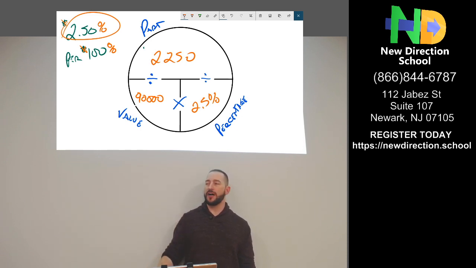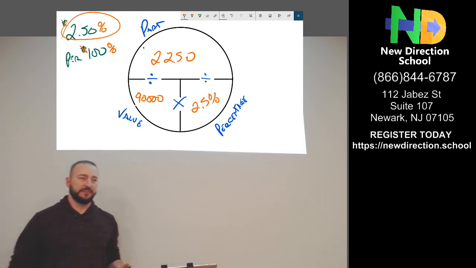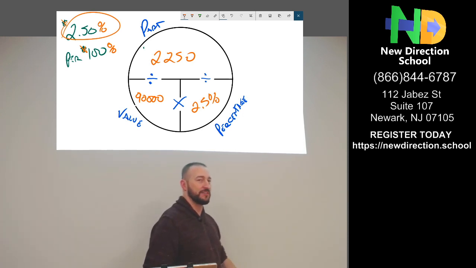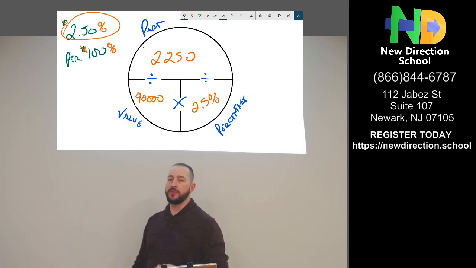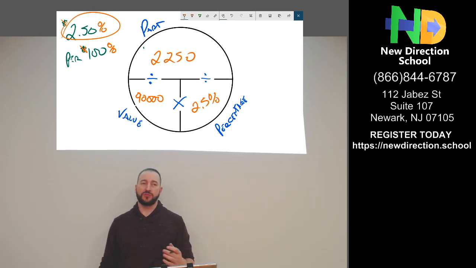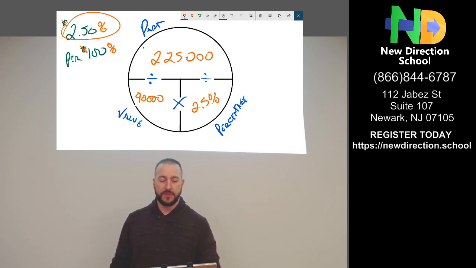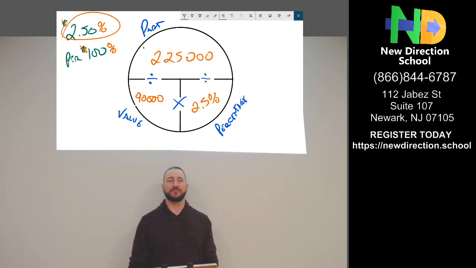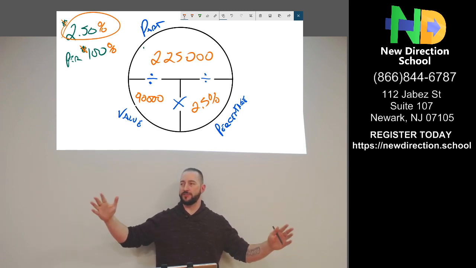Let's say you forgot the percent. Let's say you forgot to divide by the unit, by 100. These are the two ways to do it. The number is going to be 90,000 times 2.5, which is $2.50. If you put that on your calculator, it's going to give you $225,000. Now that's a big number. So let's think about it in terms of logic.